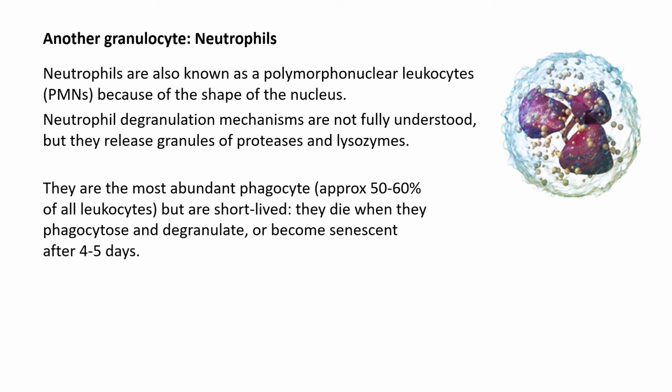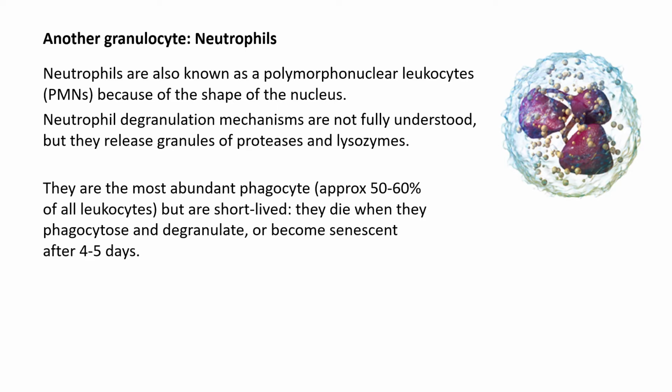They're also a phagocyte, and technically they're the most abundant phagocyte, but they don't get much chance to do it because they're very short-lived, and they tend to die when they do phagocytose. So it's a bit like bumblebees, really. It's alleged that when they sting you, they die.